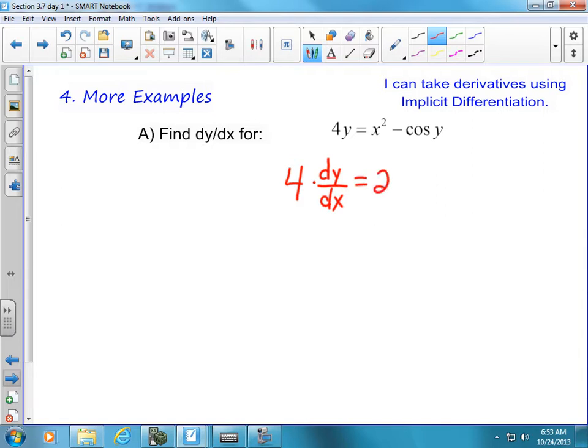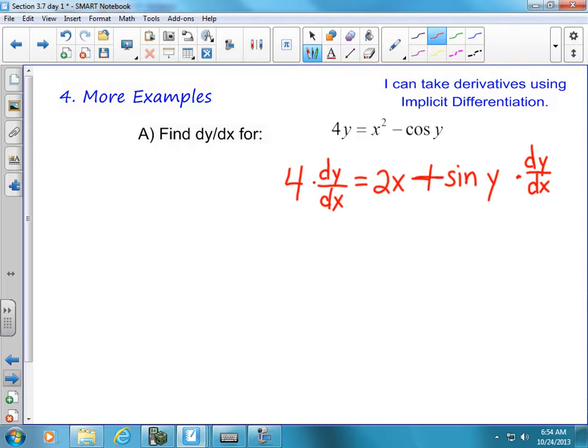Derivative of x squared is just 2x. Ooh, here's a good one. The derivative of cosine, remember the derivative of cosine is negative sine. We keep the angle the same, and then we multiply times the derivative of the inside angle, which is dy dx. This right here would become a positive.